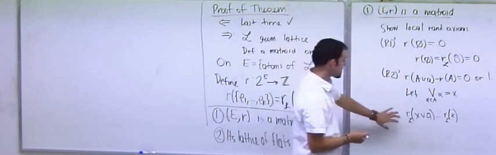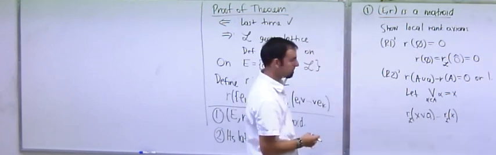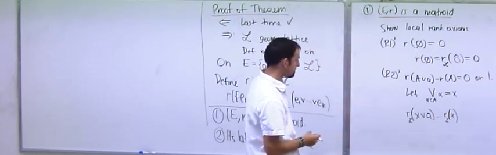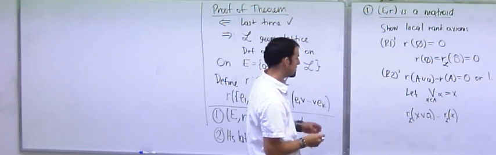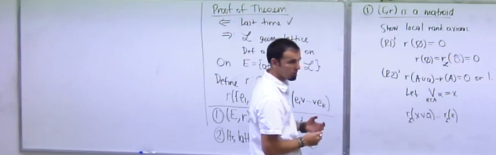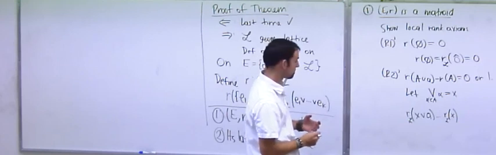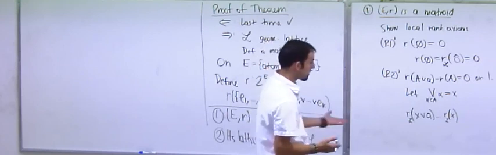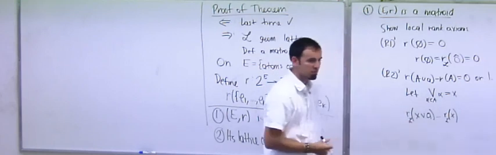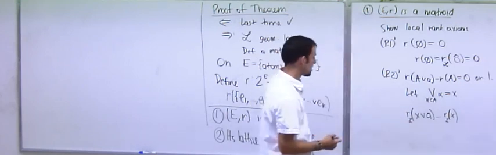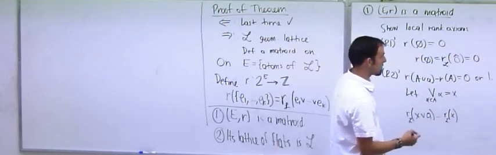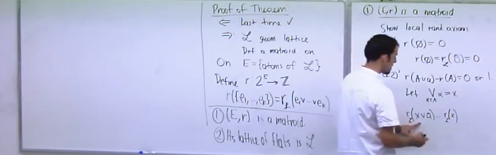So now I want to show that this is equal to 0 or 1. Okay. How can I do this? Well, the only thing that I know about the rank function of this lattice is that it's semimodular. And so probably what I have to do here is use the semimodular inequality. And what does the semimodular inequality say?